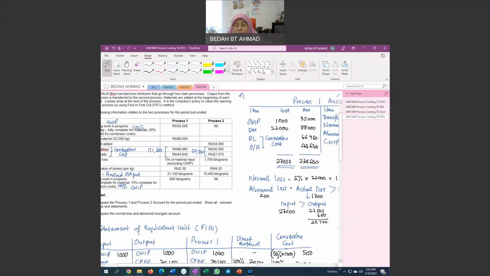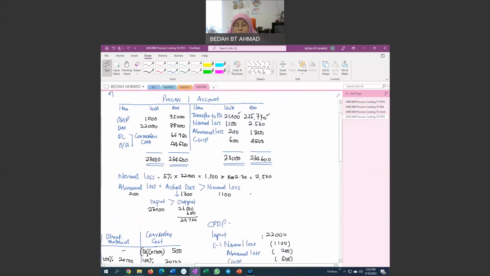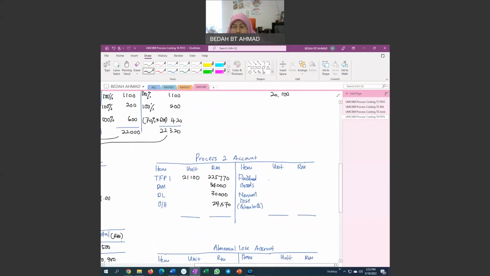There's no opening work in progress. The normal loss can be sold for 4.2 ringgit. So normal loss is 1,700, sold for 4.2, so it is 7,140.